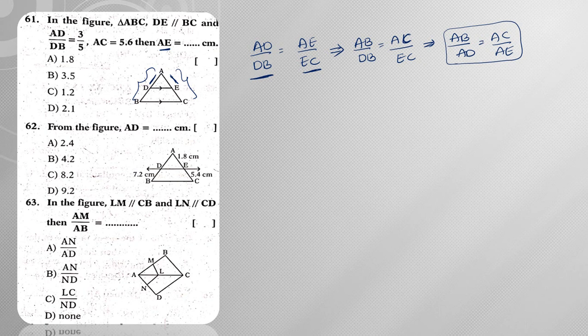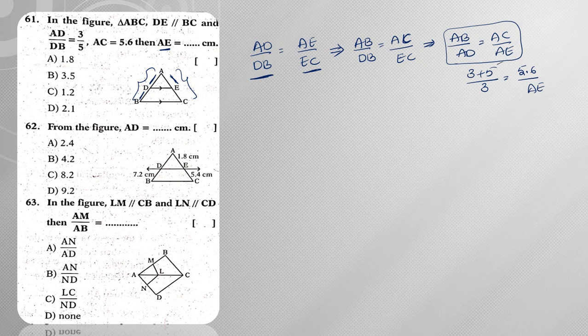Now since we know all the values, AB is nothing but AD plus DB. So 3 plus 5 by AD, which is 3, is equal to AC, given as 5.6 centimeters, so directly I can take 5.6 by AE since I need to find AE.